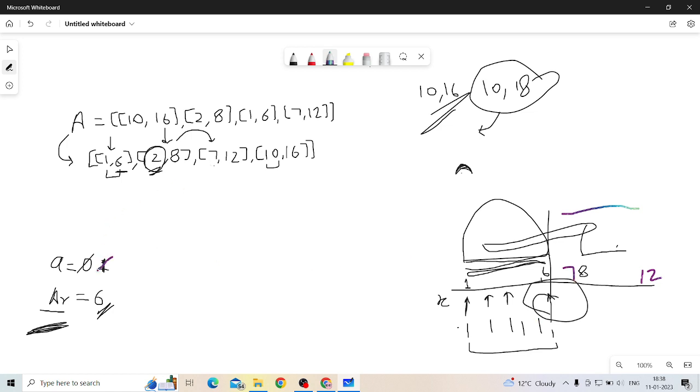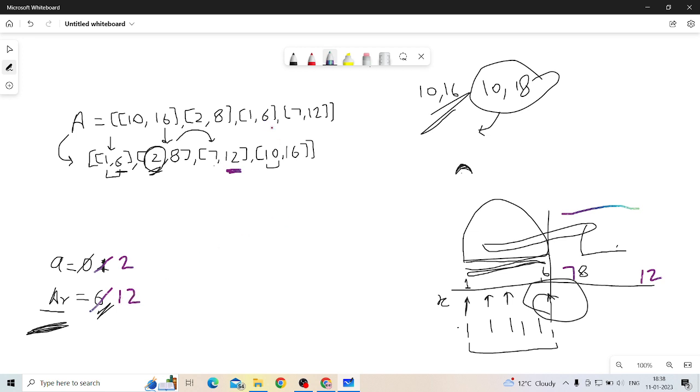We will increase our answer and update this arrow. Now this arrow will go from range 7 to 12, so we take the ending point, and now the arrow is 12.